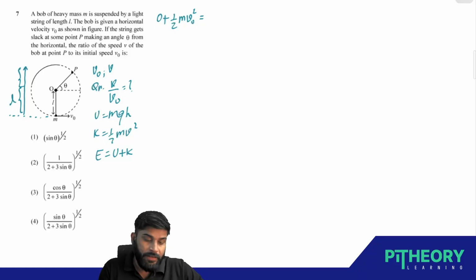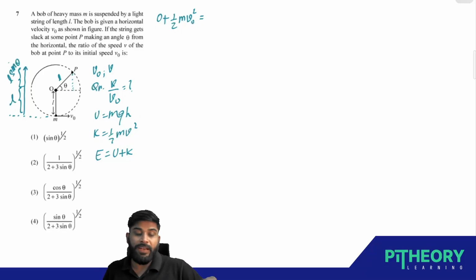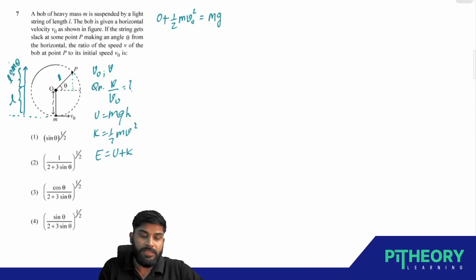If I consider a triangle here, this is L, so this will obviously be L sine theta, the opposite side, correct? So the total height becomes L plus L sine theta. So potential energy becomes mg times L plus L sine theta; taking L common outside, we can write L into 1 plus sine theta. And the kinetic energy will be nothing but half m v square.